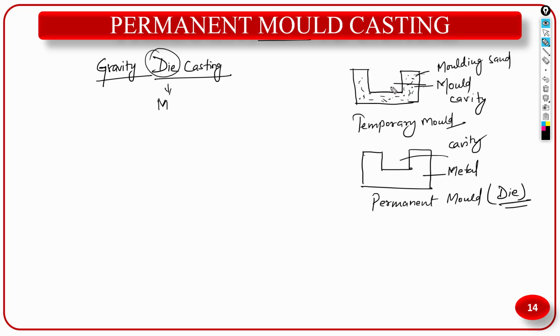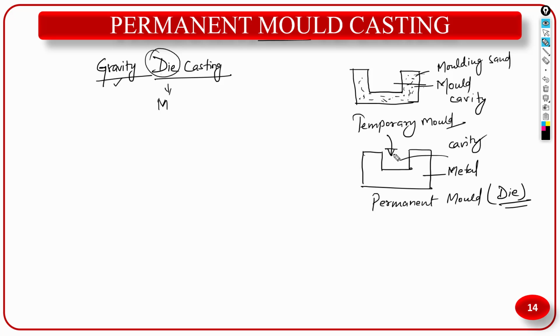But in sand mold casting, we have already seen that after every casting we have to break the mold. Clear? But here the point is gravity. That means the molten metal coming inside the cavity is under gravity, so it comes down under the gravitational force only.